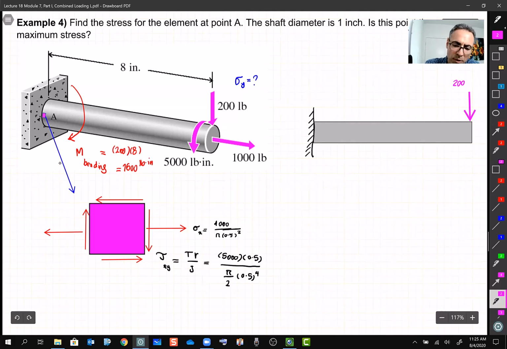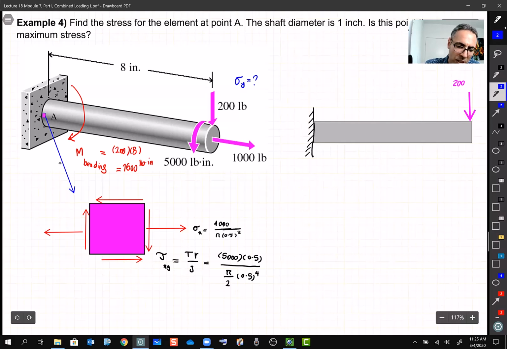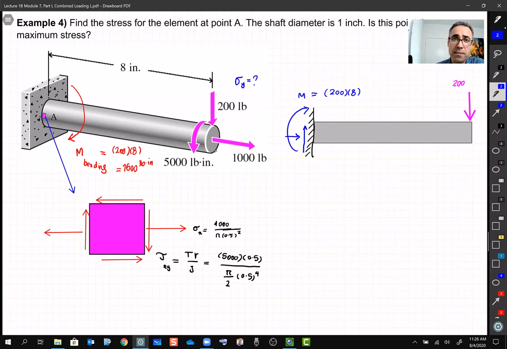With a 200 pound force there, you know the reactions over here are going to be AX, AY, and then an M. I show it here, the direction of bending, and this M in blue in this diagram is the reaction. It's 200 multiplied by 8. So bending, we learned, creates bending stress. So what is the bending stress? This is the cross section.